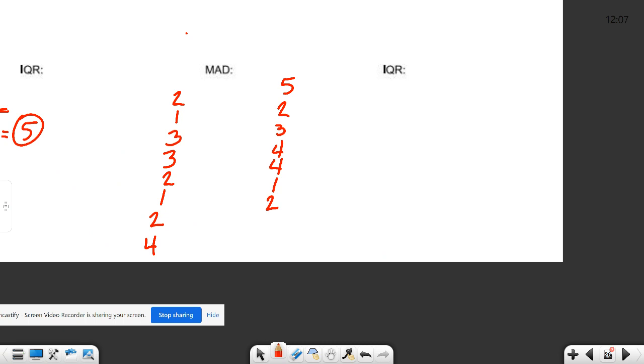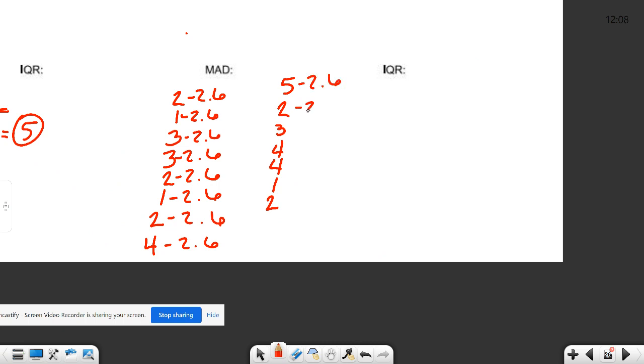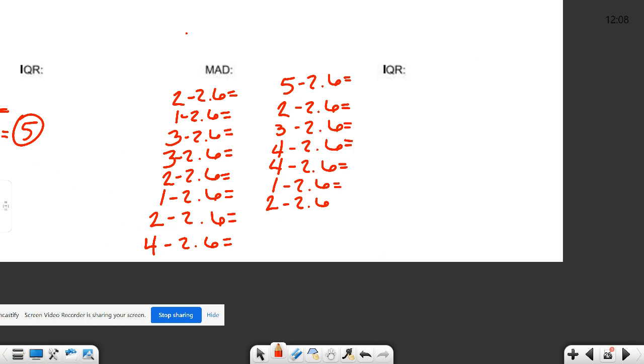What are we going to do now? Subtract. What are we subtracting from each number? 2 and 6/10. You should have that down on your paper.